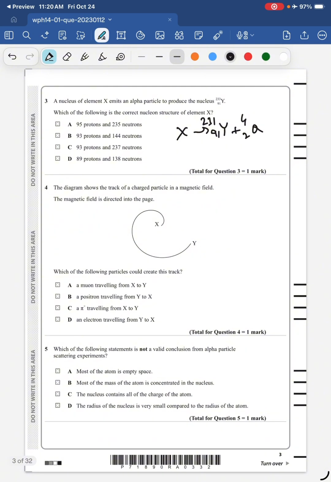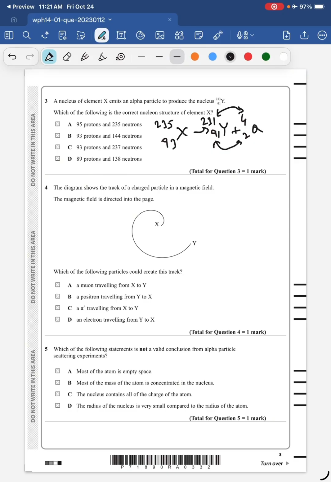You have to remember that an alpha particle has a charge of 2 and a mass number of 4. So you have to add these mass numbers up. So 235. And if you add the charges, you get 93. So, okay, they ask for neutrons and protons. Okay, so the answer is either B or C.